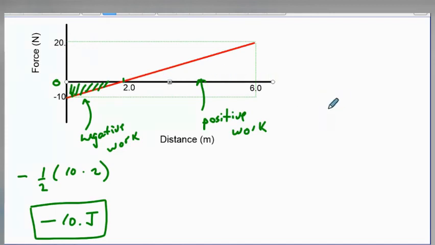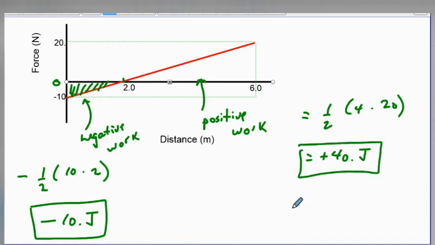That's got a distance of 4. And then it's going to go up a height of 20. So that part over here is going to be half of 80, which is 40 joules. That's a positive 40. And then we put the two parts together. Our work total is a positive 30 joules.